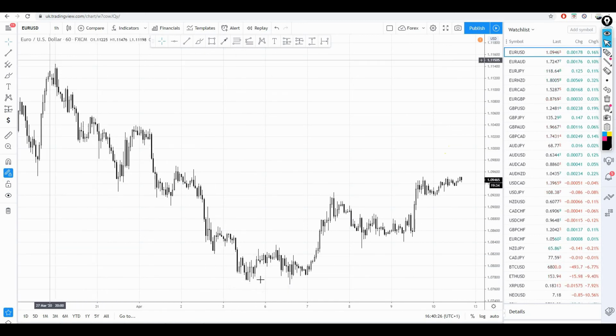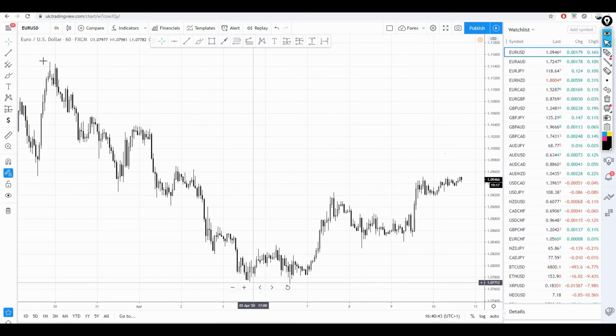So it's all good and well saying from this high to this low we were in a downtrend, even to the point where you can say, okay, we put a lower low in here, lower high, lower low, lower high, so on and so forth. But what is the quantitative, what are the numbers behind this move to the downside here? What is the objective reasoning for calling this a downtrend?